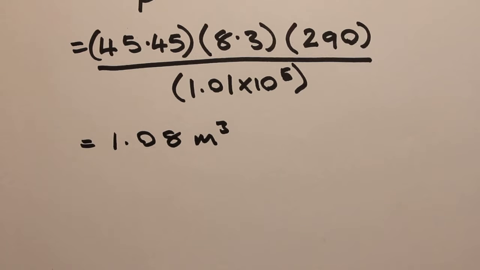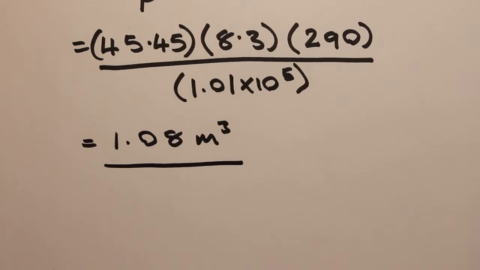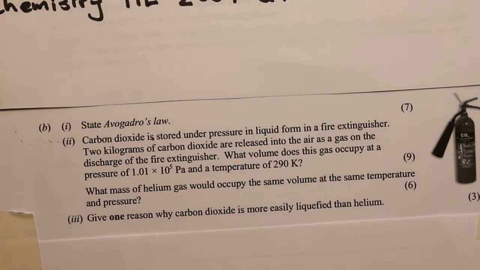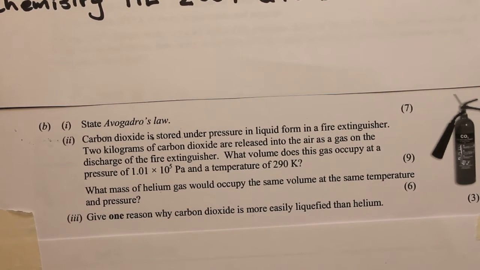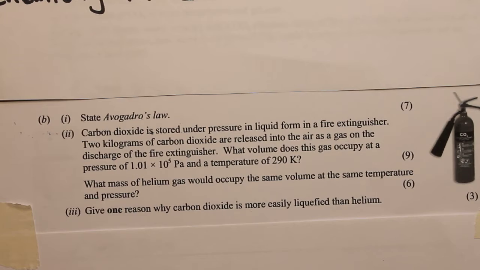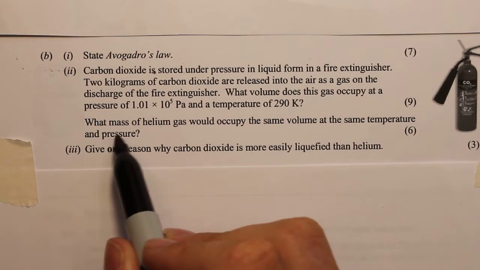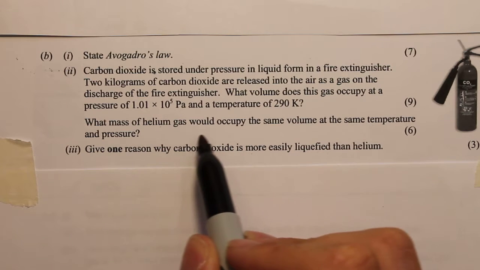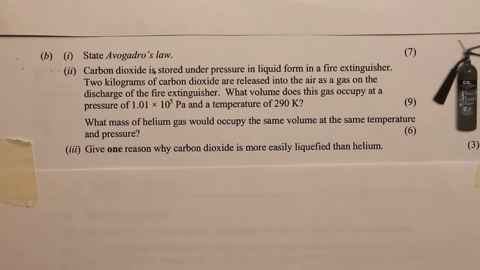Okay, so that is the answer to the volume of carbon dioxide. What volume does this gas occupy at these conditions? So that's that answer. Now, the next part here, we're asked what mass of helium gas would occupy the same volume at the same temperature and pressure.